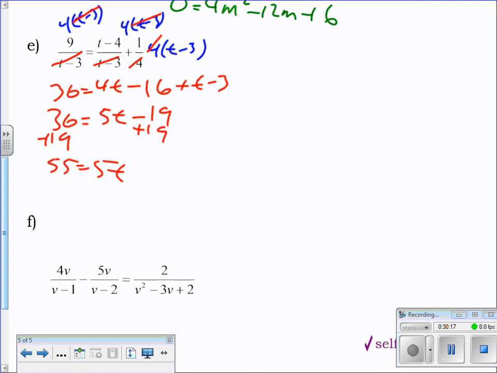Divide both sides by 5, and t equals 11. Can t be 11? So we're good. Questions? I see confusion. Why do I see confusion? Am I good?